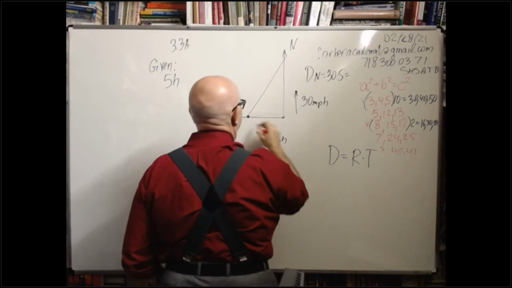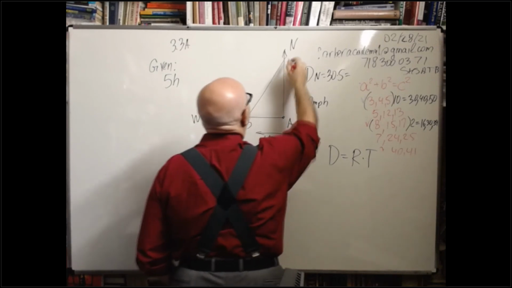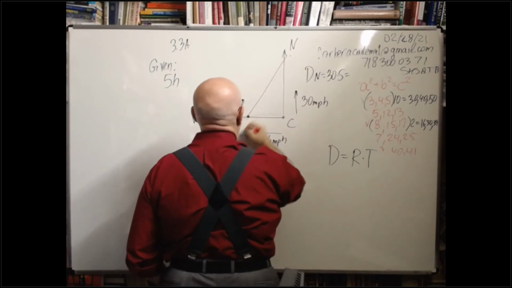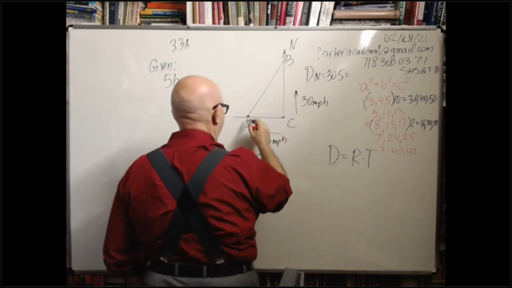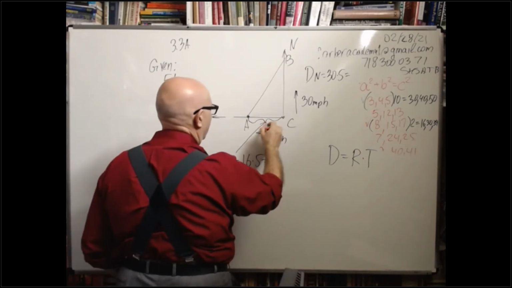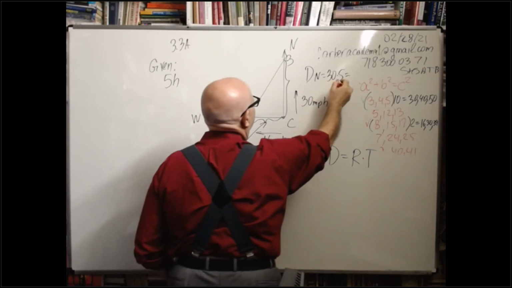Let's say this is point A, B, I'll make it consistent, C, A, and B. And this is this distance, and this is this distance.